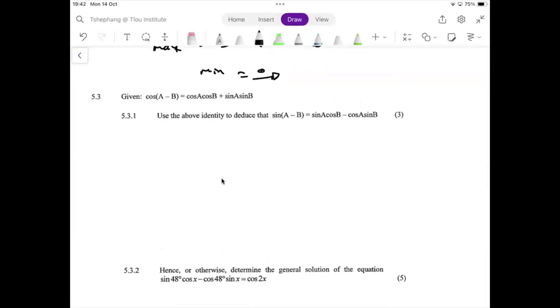Okay, so let's do it this way. If you have a different way of going about it, that's perfectly fine. But I'm just going to say that cos of 90 minus (A minus B) is equal to sine of A minus B, because cos of 90 minus takes us back to sine, and they're all positive in that first quadrant.